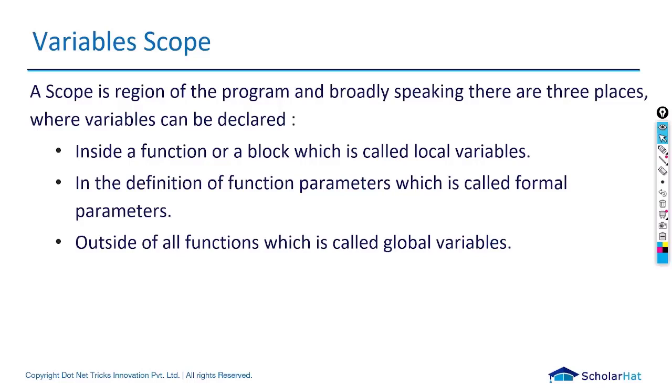Variables can be declared inside a function, they can be declared outside the function, and they can be declared in function parameters. When we declare inside the function, we call it a local variable.